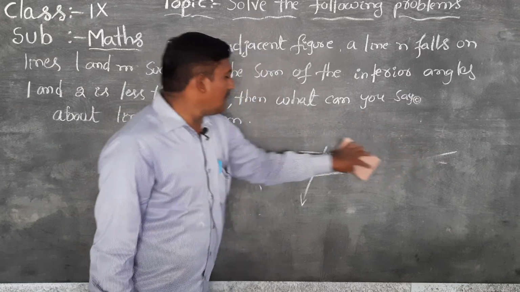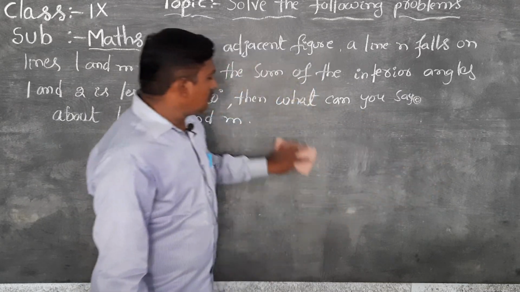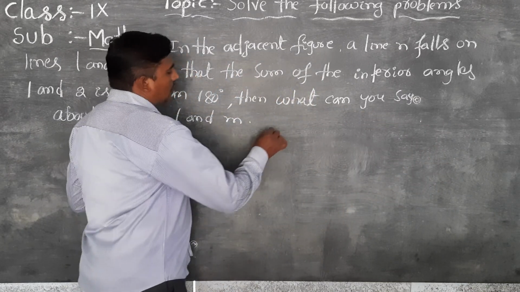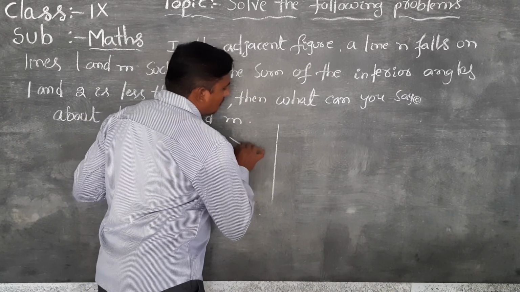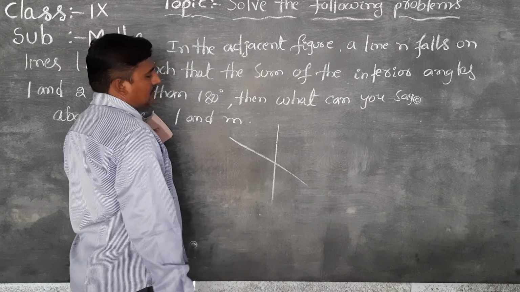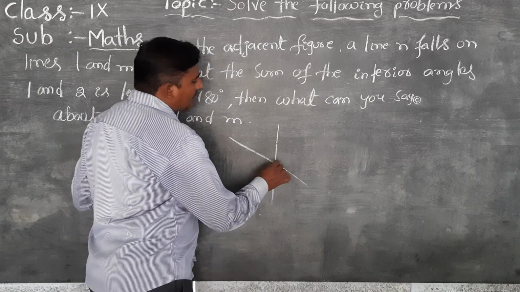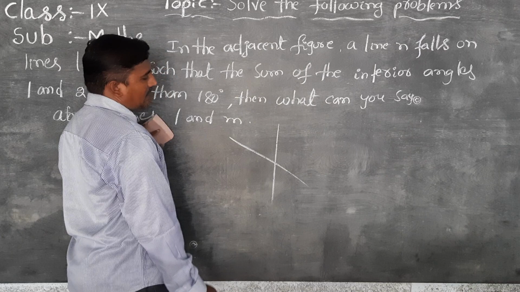Say for example, through two straight lines, how many intersecting points come?